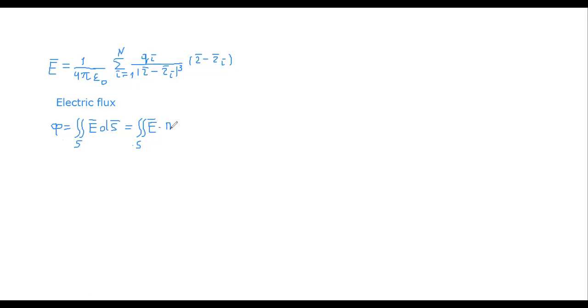where n is the normal to the surface S, and it can also be written in this form: E_n dS. E_n is a projection of vector E on the direction perpendicular to the surface.